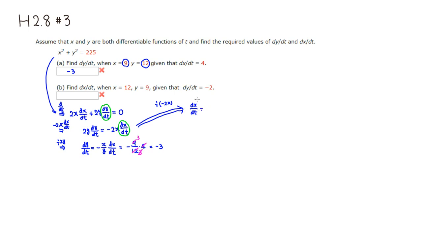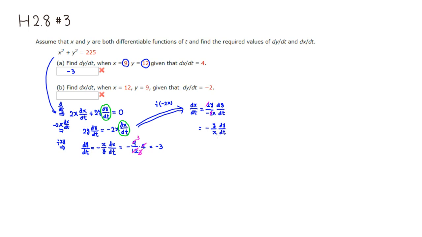So that's going to be equal to 2y over negative 2x, and then we have dy over dt. Then we can cancel the 2 on top and the 2 on the bottom. So we get negative y over x dy over dt.